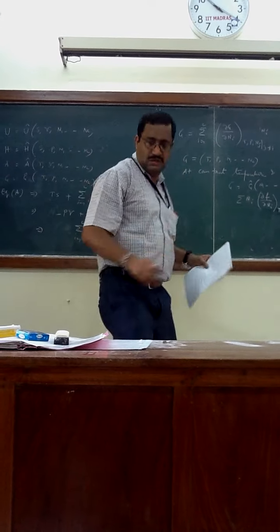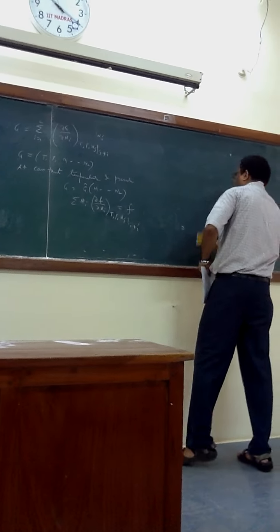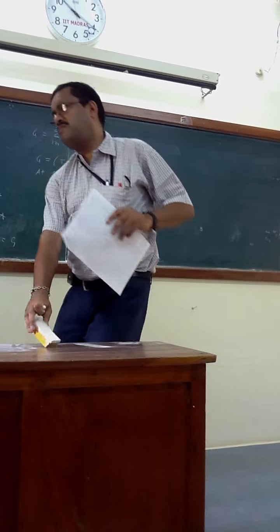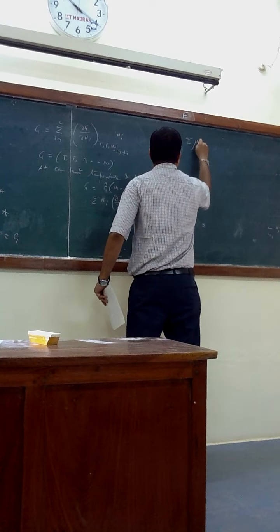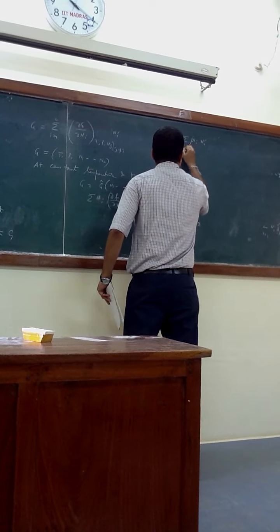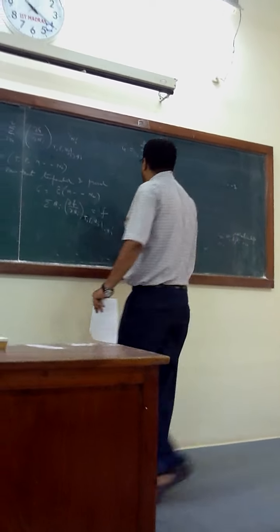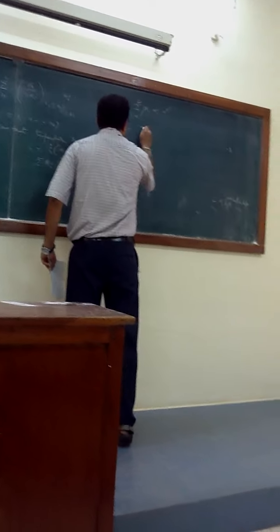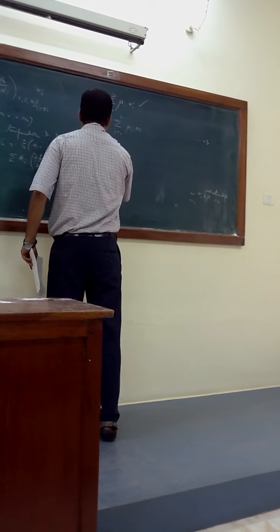I want to have this kind of expression, and this G is directly related to the chemical potential. Let me pose the question this way. I wrote G equals summation mu_i N_i. It is correct, it has been proved. My question is, can I write H equals summation i equals 1 to C of mu_i N_i?